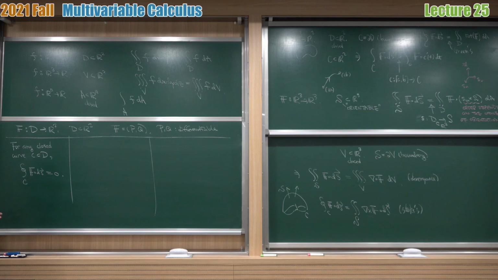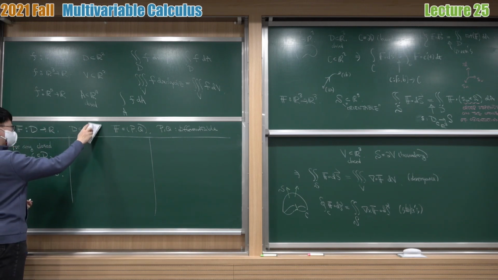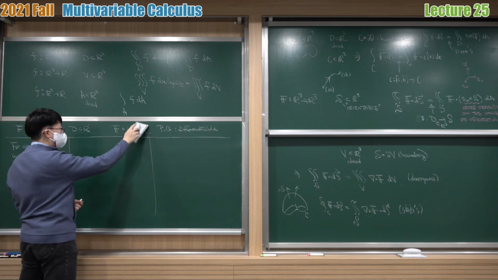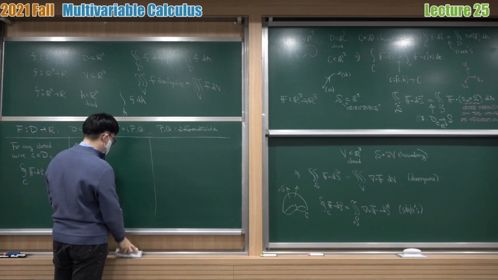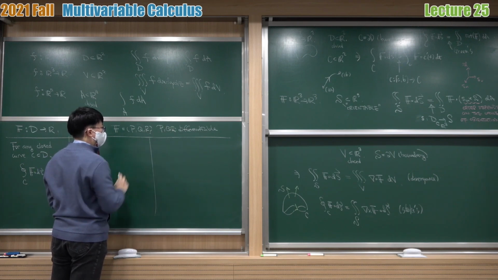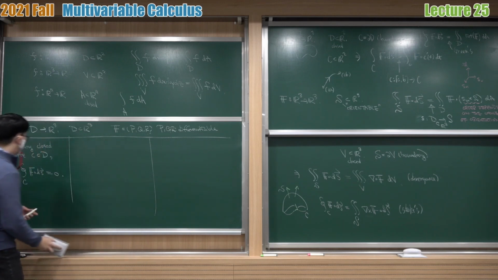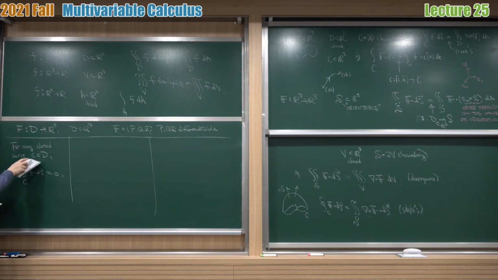And the next one is that, maybe I can make it 3-dimensional because I want to make a curl. It's easy to make it 3-dimensional: just add more coordinates and turn my D into a 3-dimensional volume. So this curve C is now a curve in 3-dimensional space, nothing else changed.